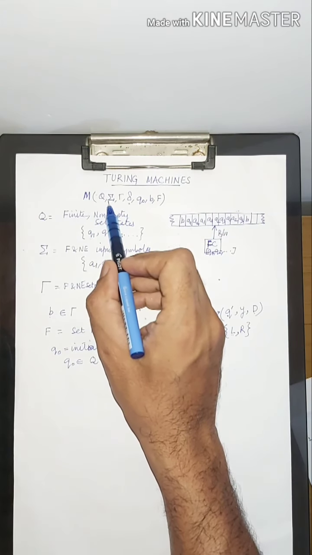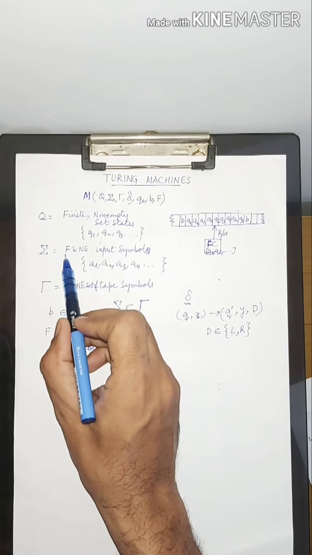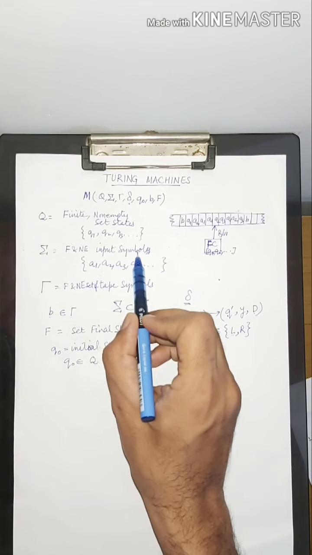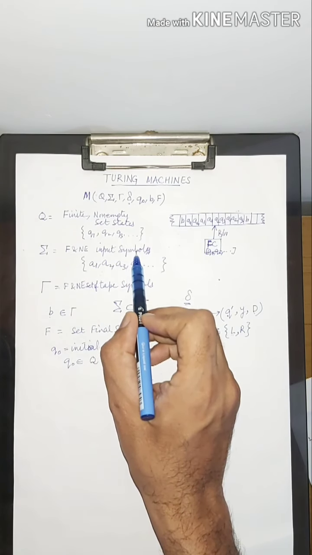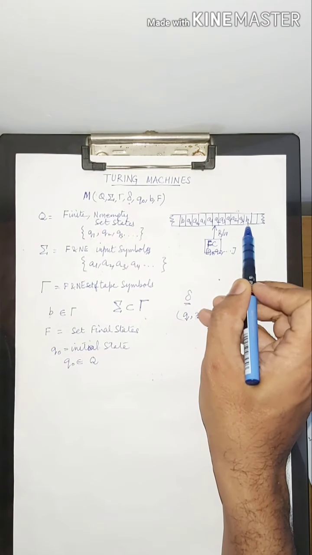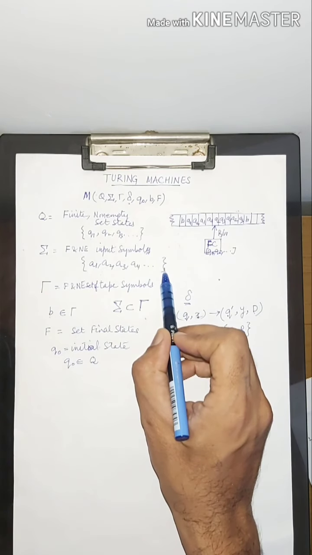It is sigma. Again, there's nothing new in it. Sigma is a finite and non-empty set of input symbols. These symbols in this case are A1, A2, A3, A4, etc. So these symbols are also in the form of a set.